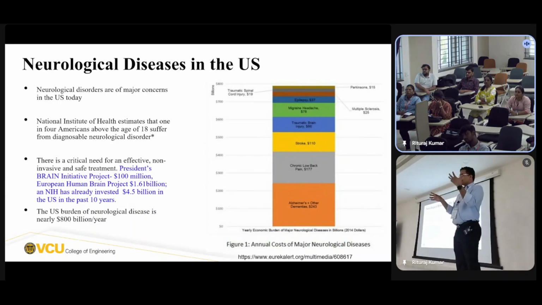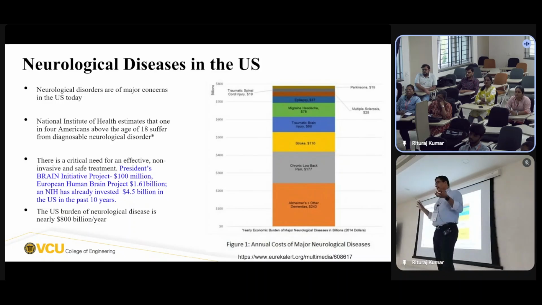Psychiatric means things like depression, anxiety, obsessive compulsive disorder, PTSD, whereas neurological means Parkinson's, Alzheimer's, traumatic brain injury. So with neurological, some biological structure has changed.